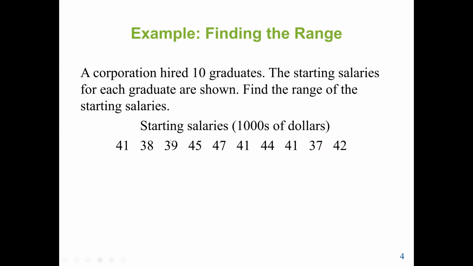We have an example here. We have 10 graduates, and this is their starting salary in thousands. Here we want to find the range. The range will be the difference between the maximum value and the minimum value. Here the maximum value is 47 and the minimum value is 37.